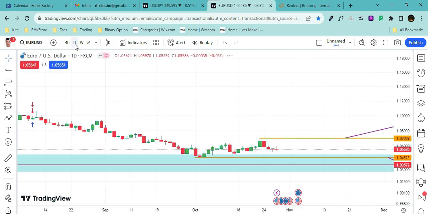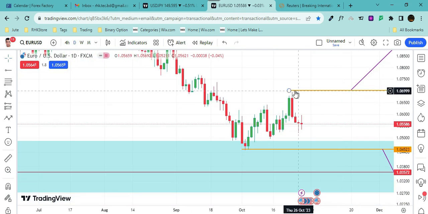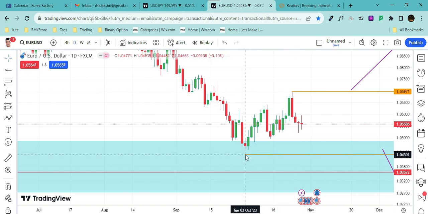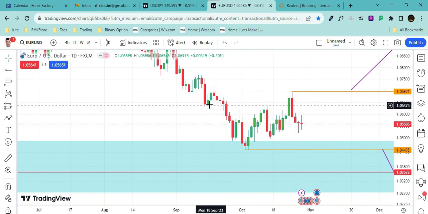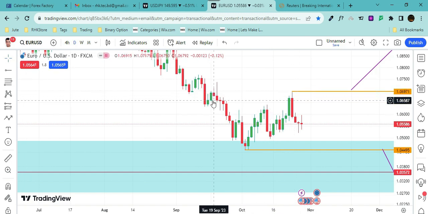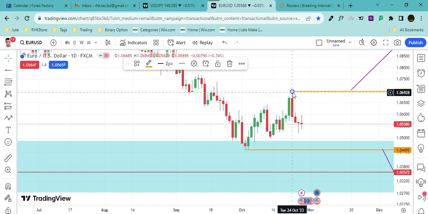Let's move to day. In the day time frame, if we analyze now, we can see that these are the two things which have caused the price to be resisted here.